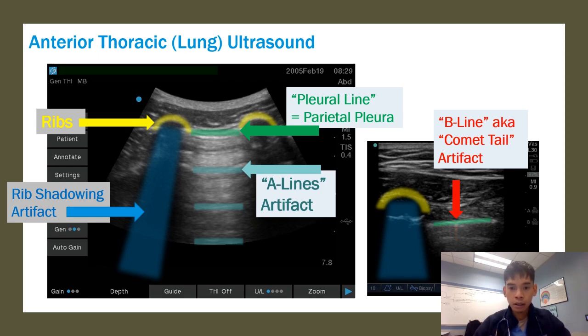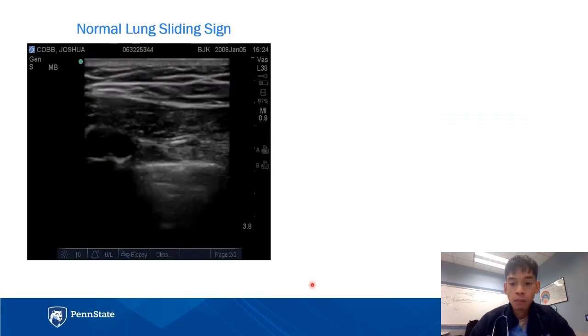So let's look at a normal one. The main goal of a lung ultrasound, for our purposes and for the curriculum, is that you're able to identify the key structures and key artifacts within a lung ultrasound. But clinically as well, are you able to identify what they call the lung sliding sign?